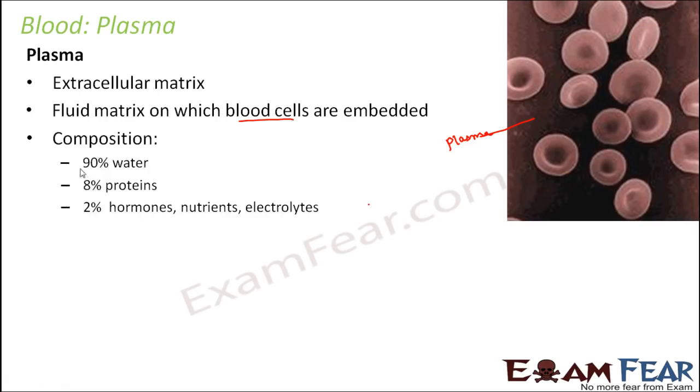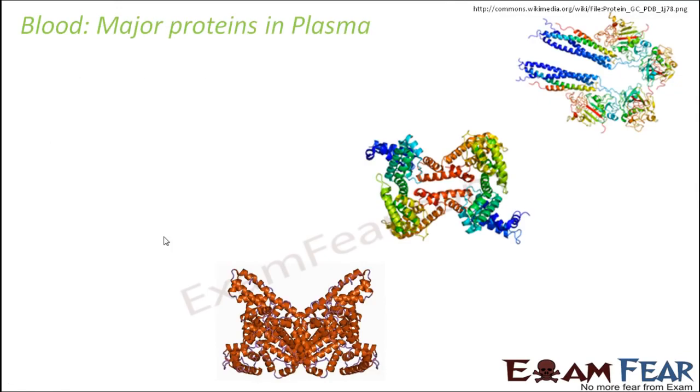If you want to know about the composition of plasma, it is 90% water, and that presence of water gives it its fluidic nature. It has 90% water and 8% proteins, and the remaining 2% has other substances like hormones, nutrients and electrolytes. That is how the plasma is composed.